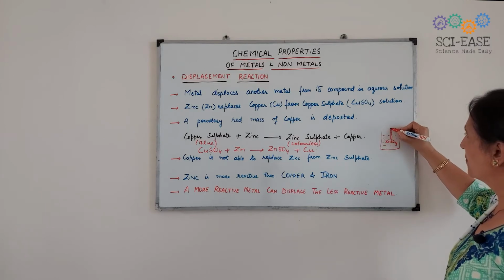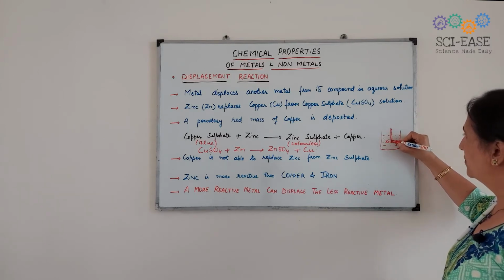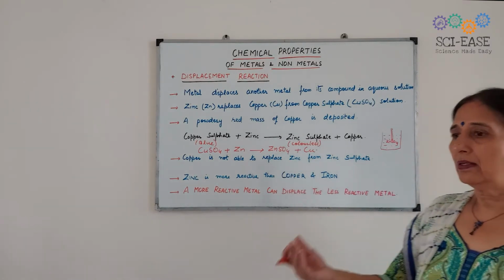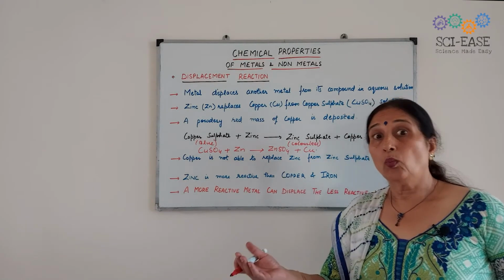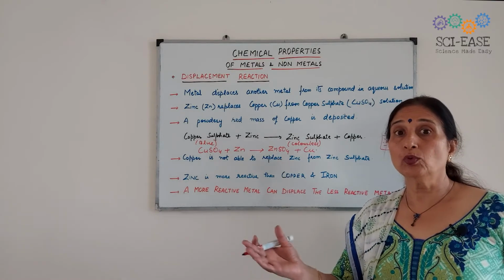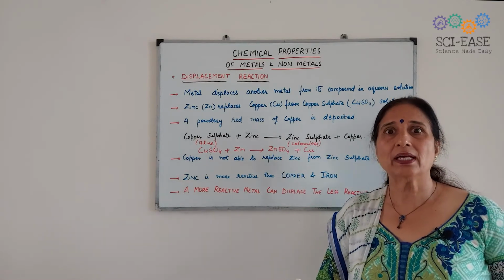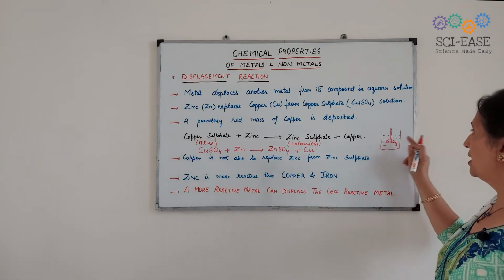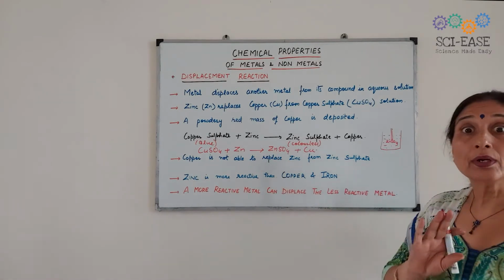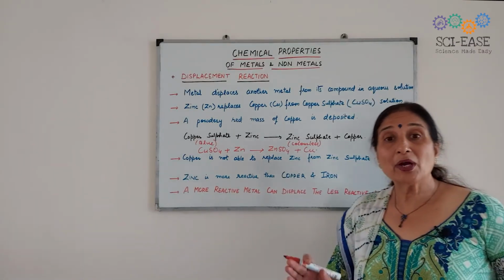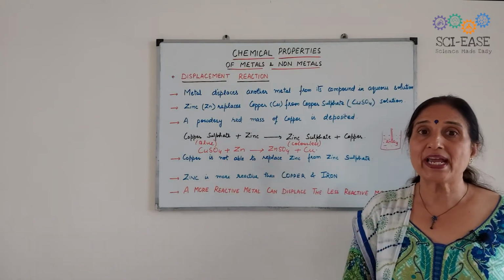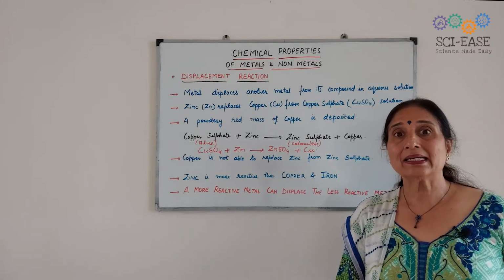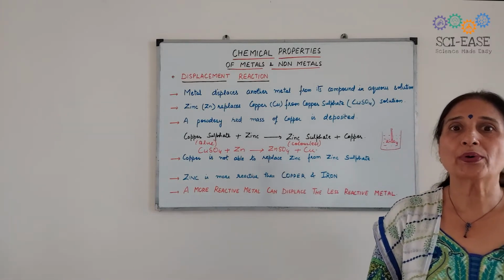Keep this set aside. See what happens after a few hours. Is there any change in the color of this solution, from colorless to blue? No. Why? Because copper is less reactive than zinc. A less reactive metal cannot displace the more reactive one.